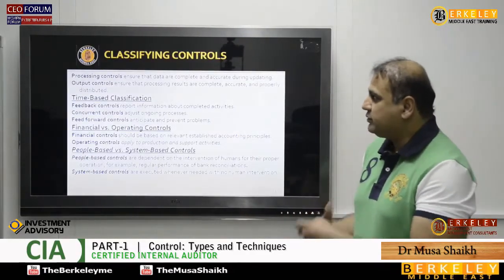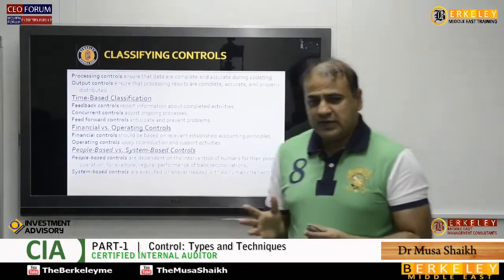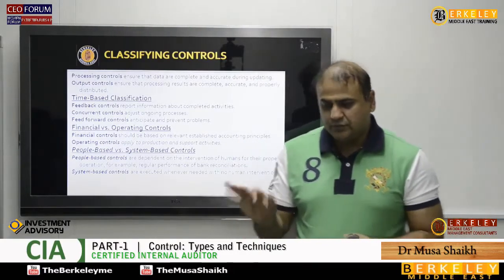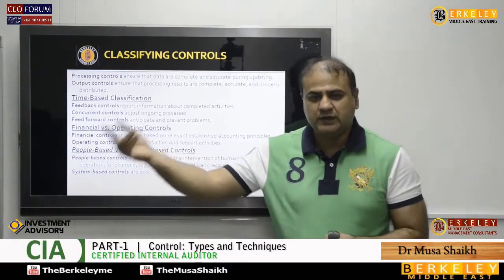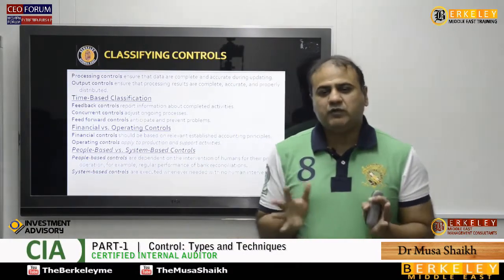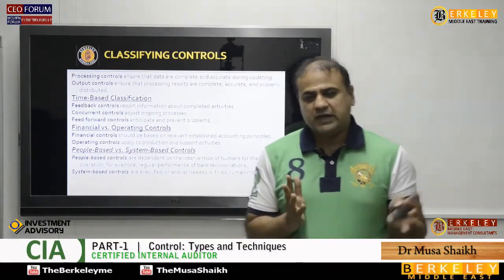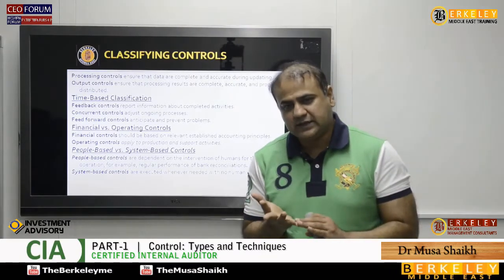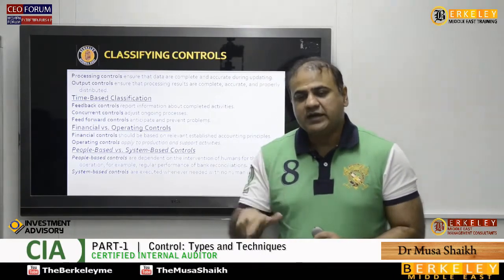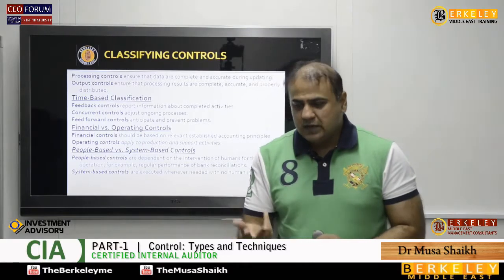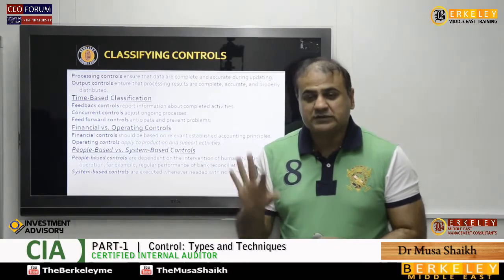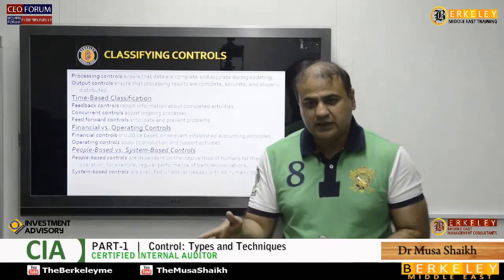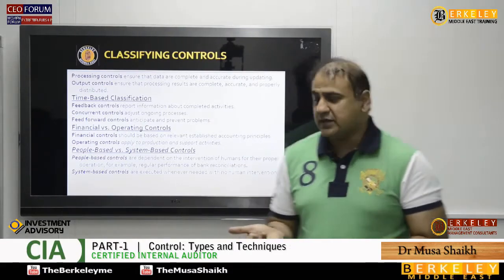Then it will be processed. A system has three functions. First you input, like sale invoice, purchase invoice. The system will process and then will give you output. What we want to control is that whatever is entered is authorized and accurate. Whatever is processed was authorized to process and it was accurately processed completely, then the output control will come.